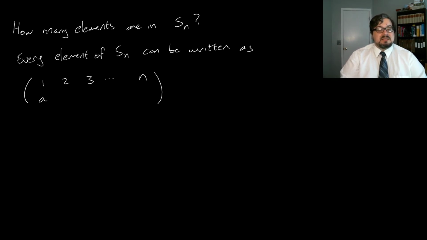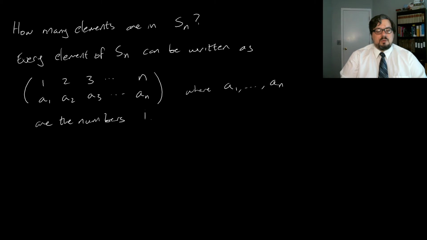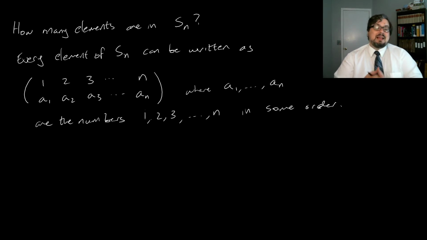And then some elements down below, I'll call them a1, a2, a3, up through an, where the a1 through an are the numbers 1, 2, 3, up to n in some order. We can write down every element of Sn in this way. So let's think about how many ways there are for us to actually write that down.